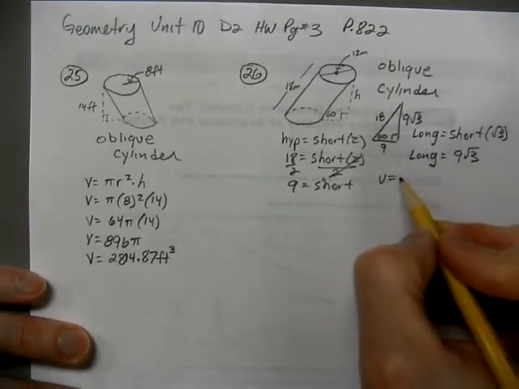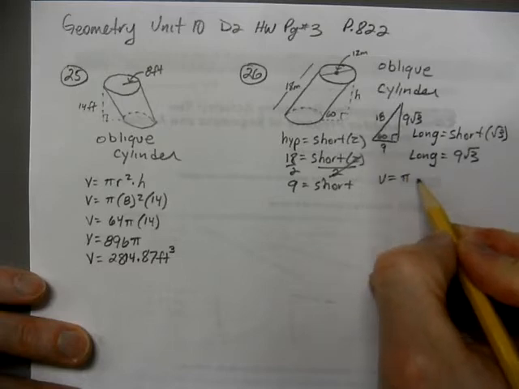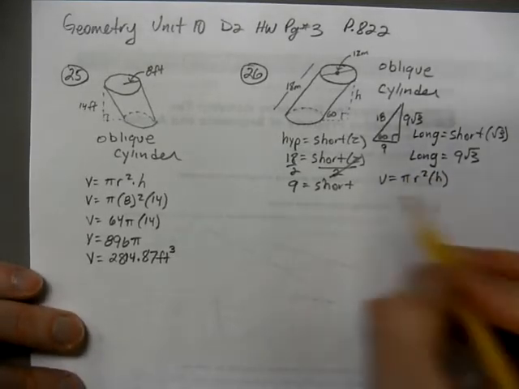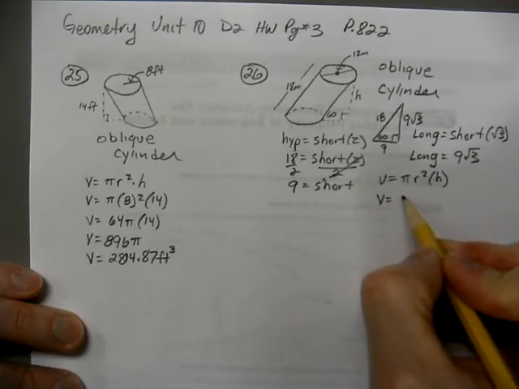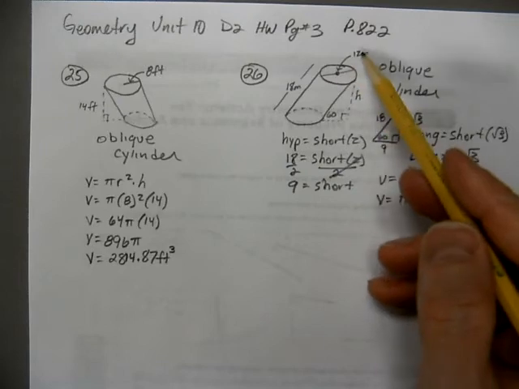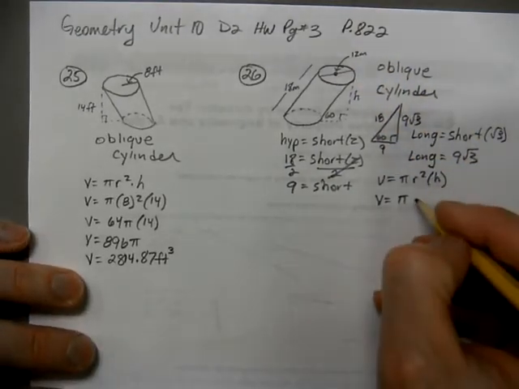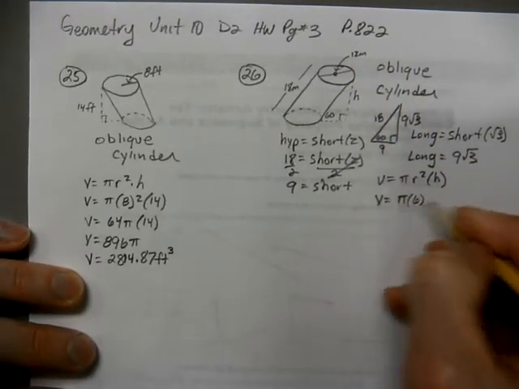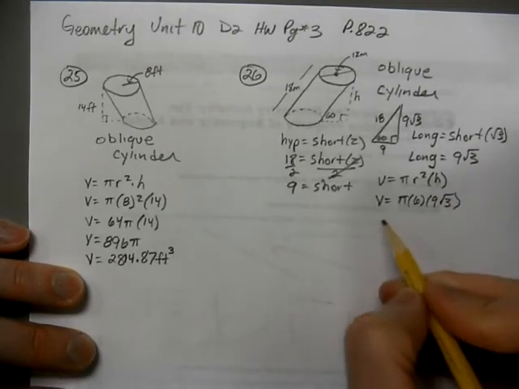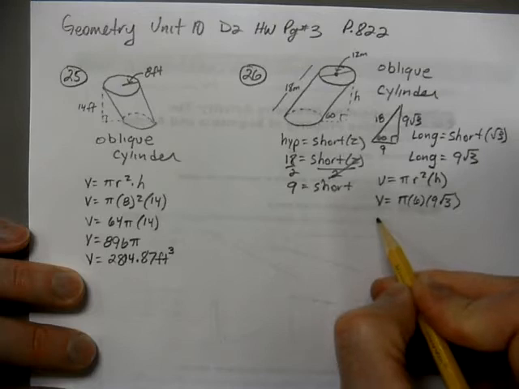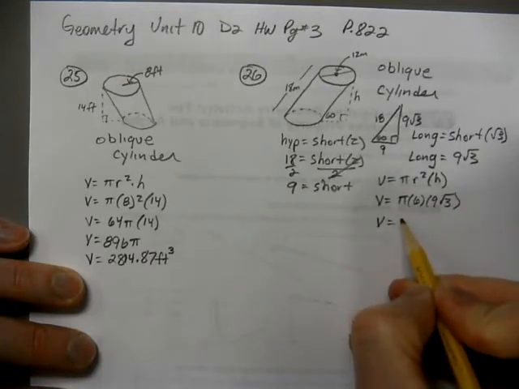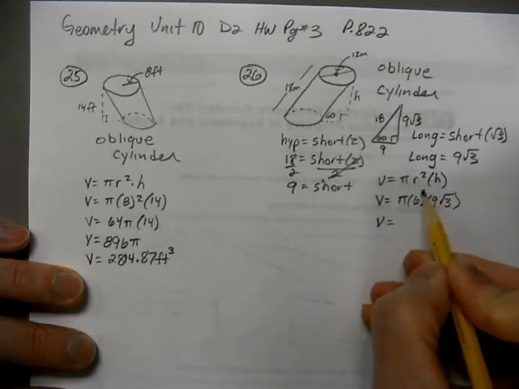So the volume is going to be pi r squared times the height. Well, our r value is half the diameter, so it's 6, times 9 root 3. 6 squared, right?